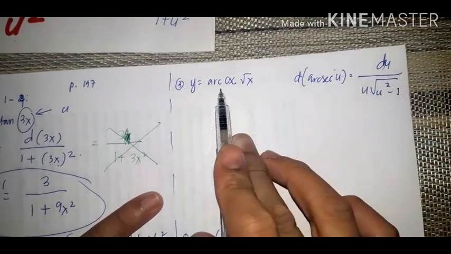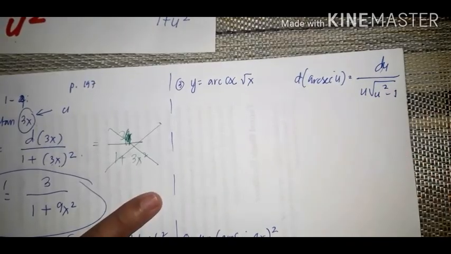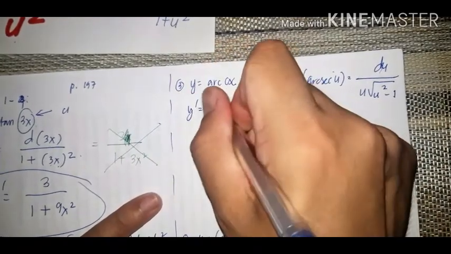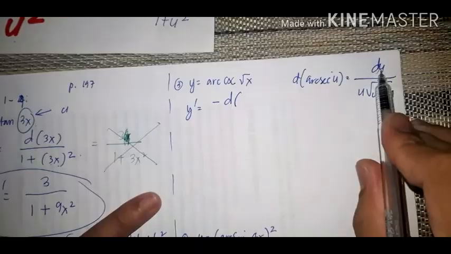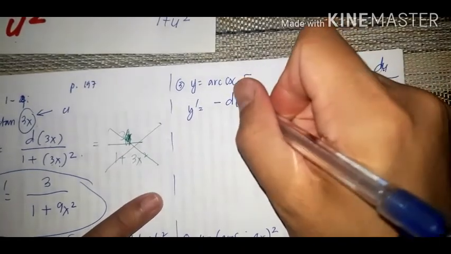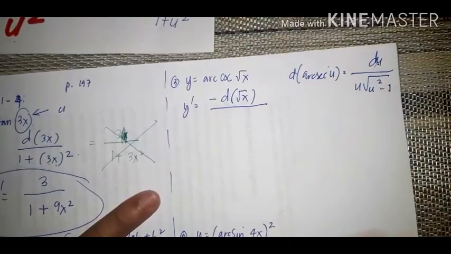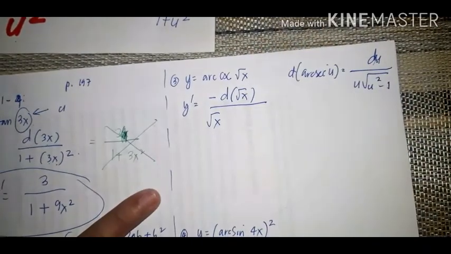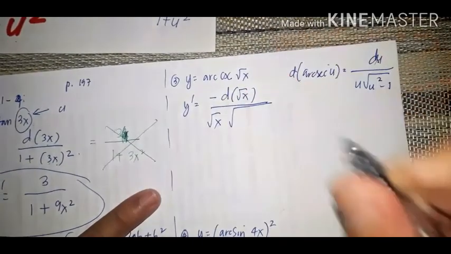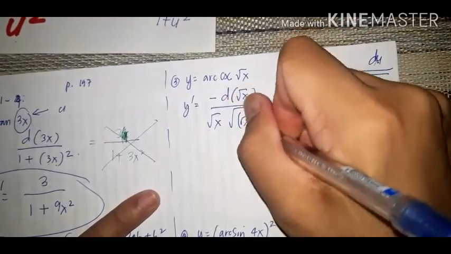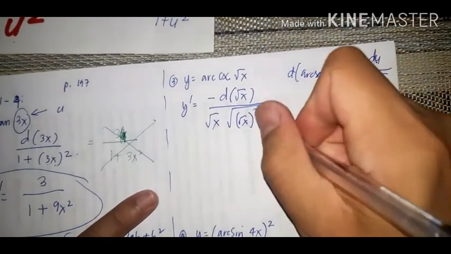So, since our cosecant ito, lalagyan lang natin ng negative. So, y prime is negative derivative of u. What's your u? Square root of x. So, square root of x over square root of x times square root of square root of x raised to the second power minus 1.